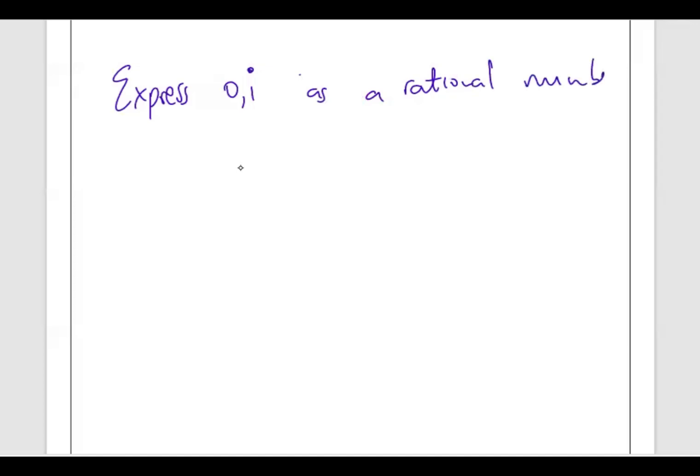What I always prefer asking my learners is to start by letting the given expression be equal to a certain letter y. There are quicker ways, but in most cases, we want you to show how you obtain your answers. So I'll say let y be equal to this whole thing, 0.1.